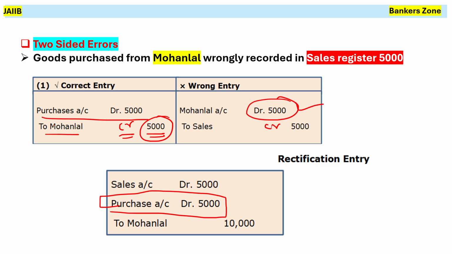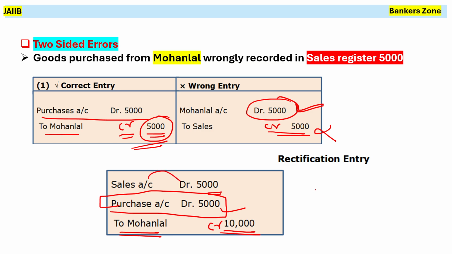That means if we credit 5,000 to Mohanlal's account, it will only nullify the earlier debit. So an additional 5,000 we have to credit, so Mohanlal's account we have to credit by 10,000. So we have to debit 5,000 and credit 10,000. To tally the debit and credit sides, the sales account, which was already credited by mistake, we have to reverse and debit by 5,000.